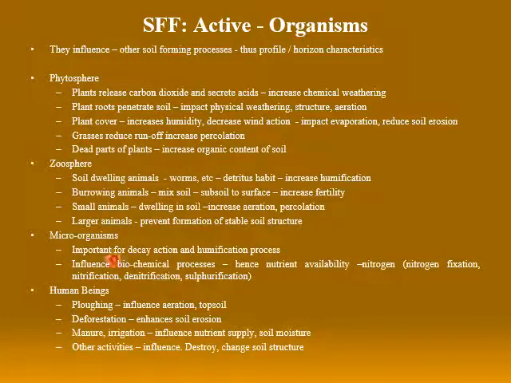The other active soil forming factor is organisms. They also, like climate, control other soil forming factors and the profile or horizon characteristics. These may be categorized again into the phytosphere or the plant life. Plants influence the soil forming process in many ways.